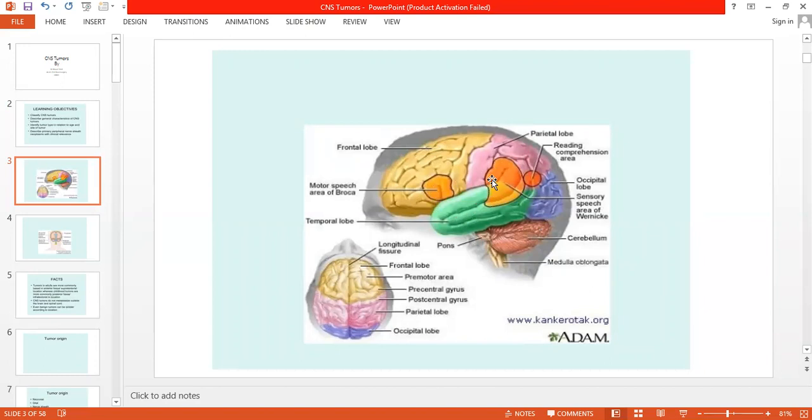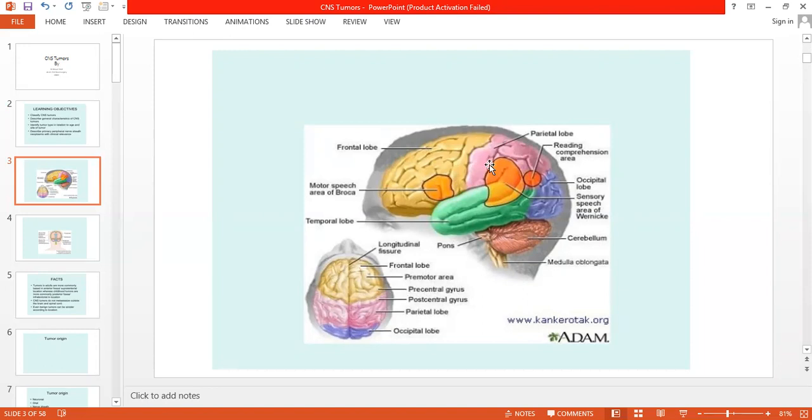This is the sensory speech area. This is the reading and comprehension area. The precentral gyrus is part of the frontal lobe, which is also known as the motor strip. This is the sensory strip.